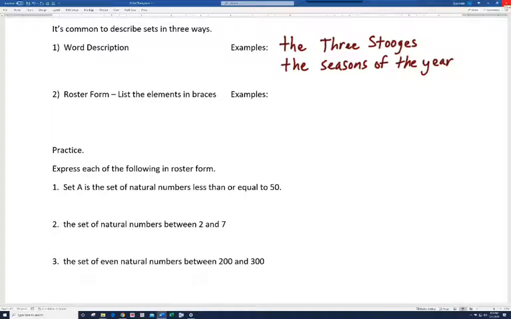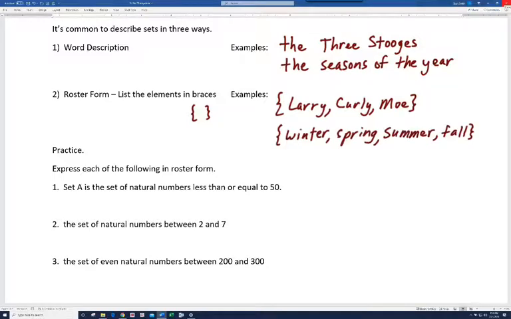Roster form, it says list the elements in braces. So we can use a word description or we can use roster form. Now this is what we mean by braces. And so an example would be Larry, Curly, Moe. Those are the Three Stooges. The seasons of the year, winter, spring, summer, fall. So this is what we call roster form.